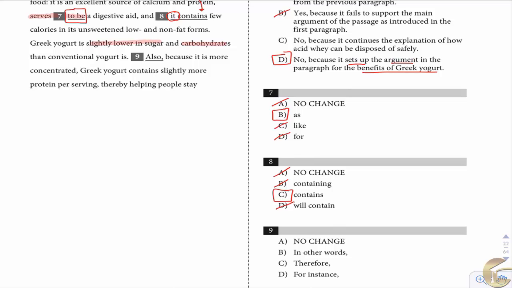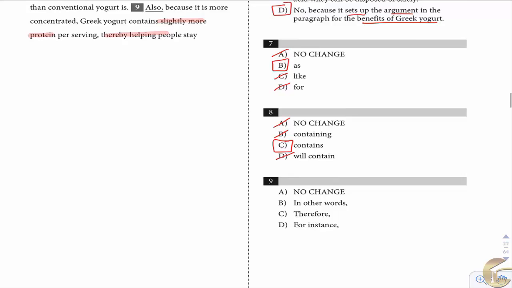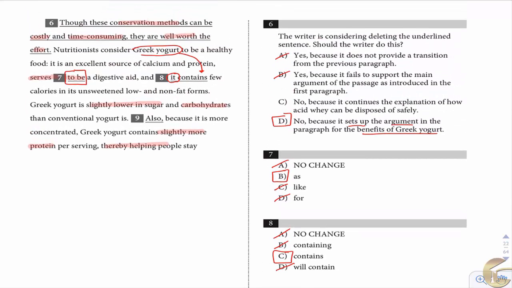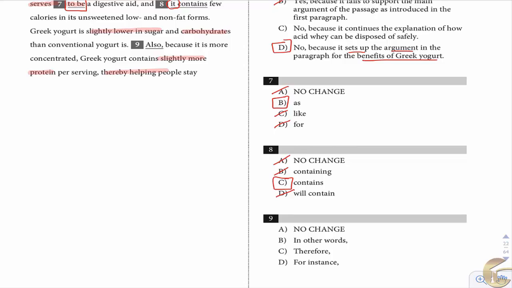And then we say, because it is more concentrated, Greek yogurt contains slightly more protein per serving, thereby helping people stay. And then we'll get to number 10 and talk about that in just a second. So we are saying something good and something good. It has lower sugar and carbs and more protein. So I'm thinking something good, which means I want to, in this case, try to find if there's something that I would say is negative.